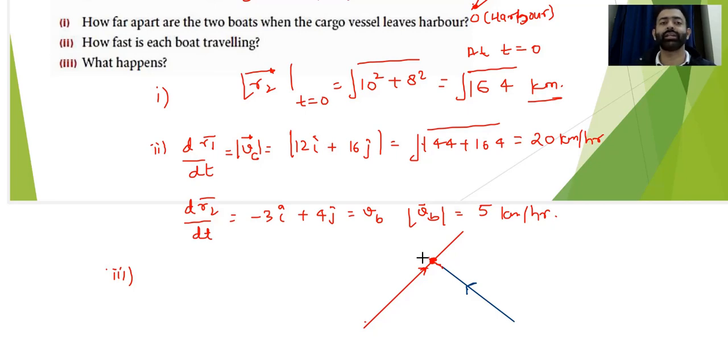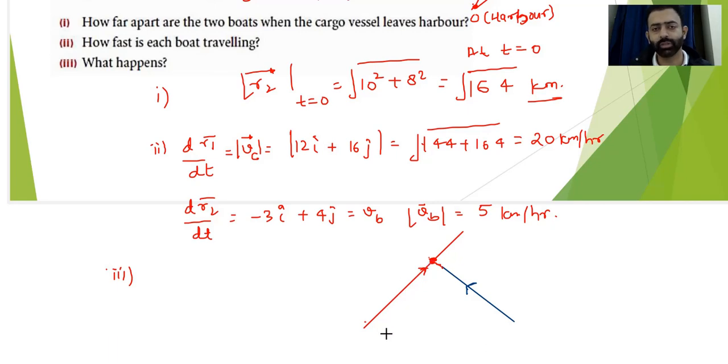I'm not saying that they have traveled the same distance, because of course the velocity of this cargo is 4 times that of this boat, so it is traveling faster, right? So if the time is the same, their position vector will also be the same. Okay, their position vector will also be the same, right?